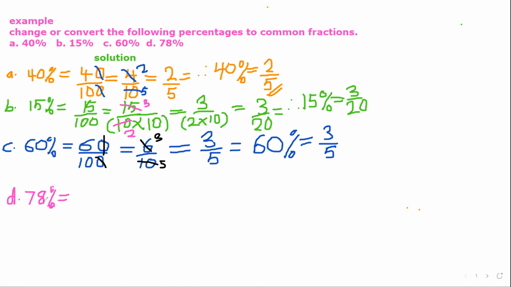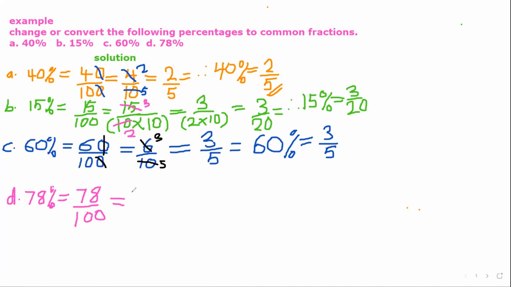Or we have the 78 to be the percentage number. And this line here shows what? The division bar. These two zeros here represent 100. Therefore, you have your 78 out of 100 here. Okay, good. Now, the 78 is an even number and the 100 here is an even number, which means that the 2 can cancel the 78 and 100 at the same time.